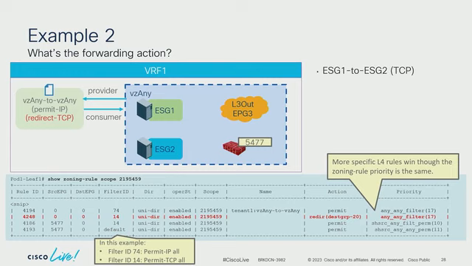So here is a quiz. What's going to happen for TCP traffic between ESG1 and ESG2? It's going to be redirect because the TCP filter is more specific, even though the zoning rule priorities are the same. Then ESG1 to ESG2 UDP doesn't hit TCP redirect, but it still hits permit IP. So it's going to be permit. So this is what I meant by the more granular filter wins.